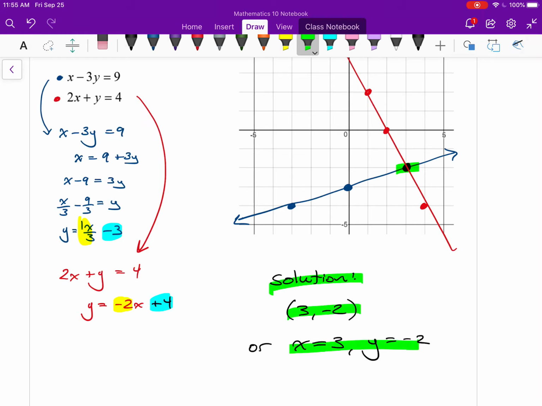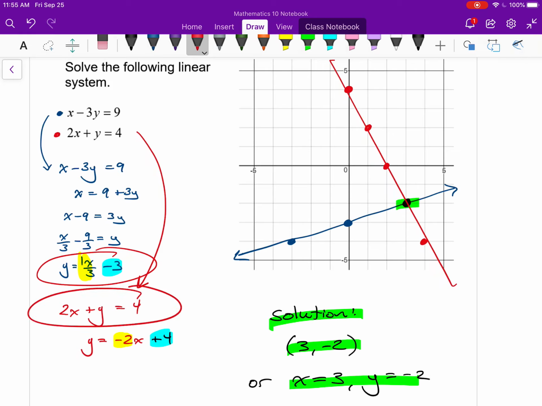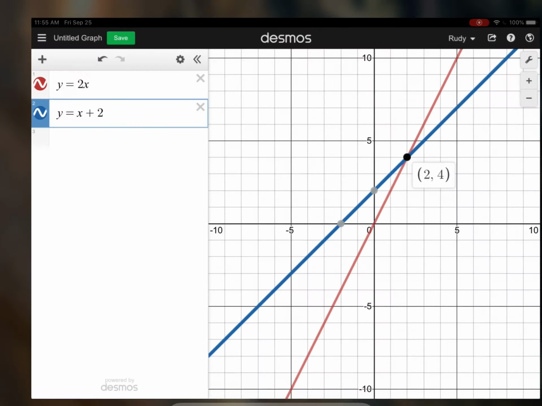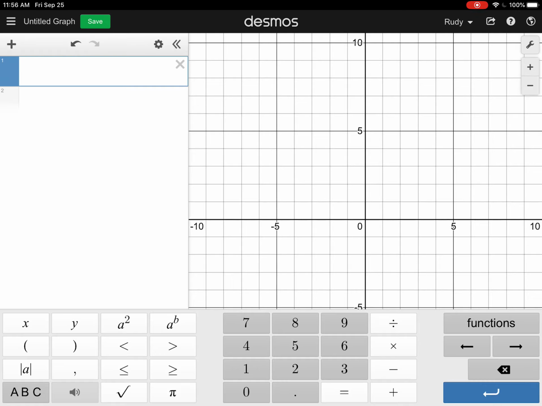They're all the solution. And again, notice if I want to go into Desmos in a moment, in Desmos, I can either type these equations here and here, or I can just type my original equations. Desmos can graph any equation that really makes sense in any form. So notice, if I go back to Desmos here, let me get rid of these. If I type in just the first equation as I got it, x minus 3y equals 9.